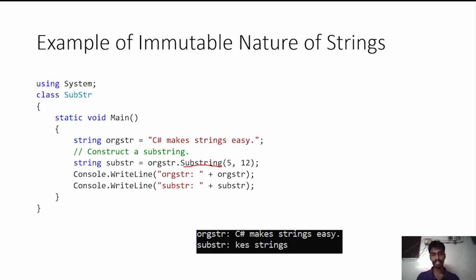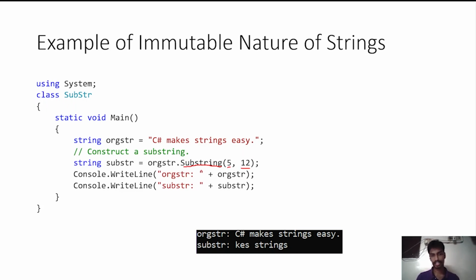The Substring method has two parameters. The first one is the starting index from which we want to copy from the already existing string, and the second, 12, is the number of indexes till which we want to copy from the original string.